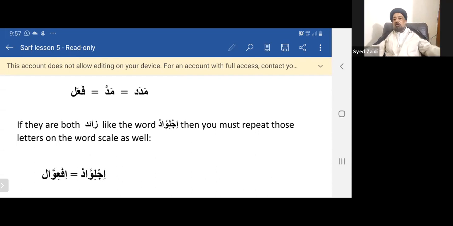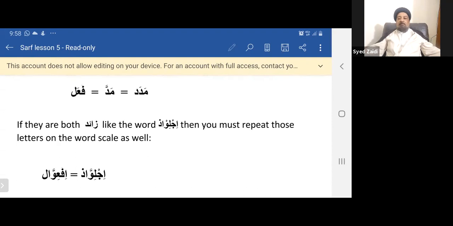Why? Because you have opened up the letter. That's what you're required to do. When you see a merger, try to open it up to find out huruf asli and zaid. So once you have opened it up, you know it has come from madada, and therefore it will be balanced and weighed on the word scale, and it will be fa'ala.